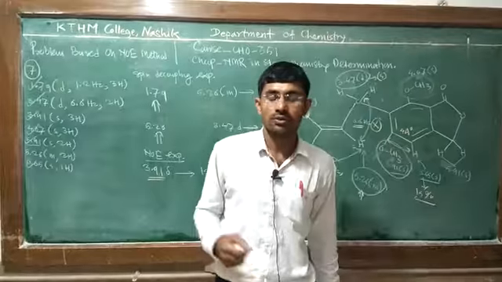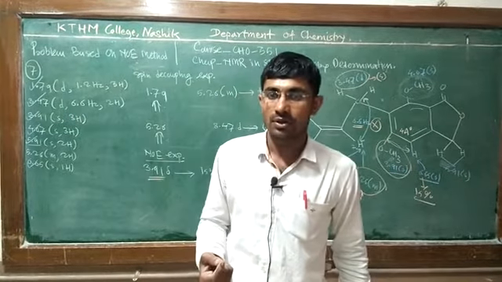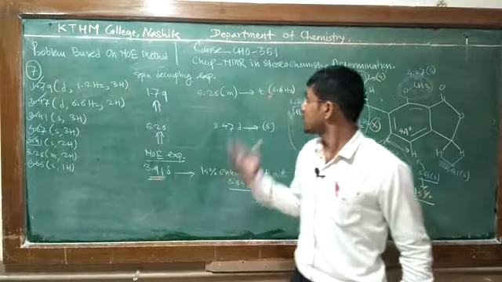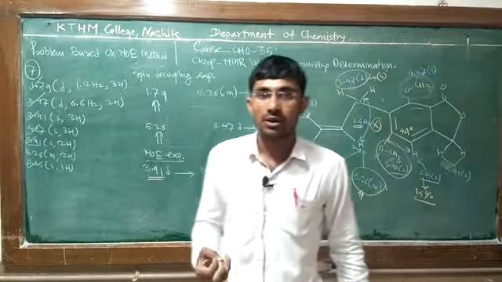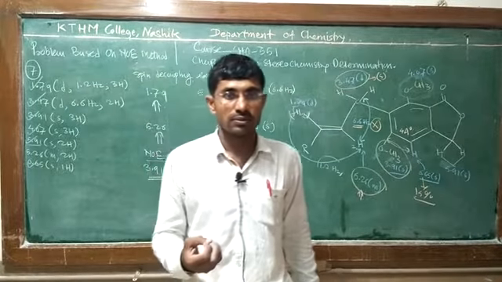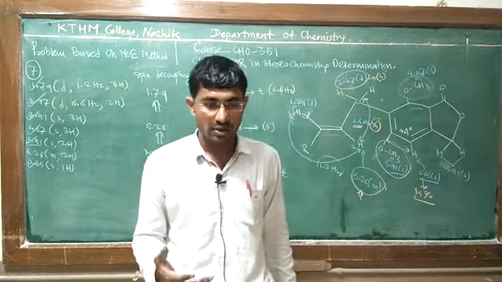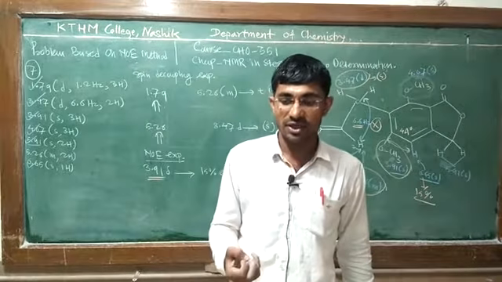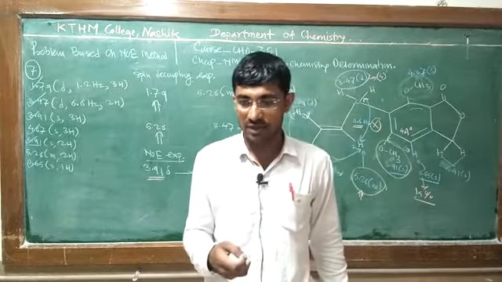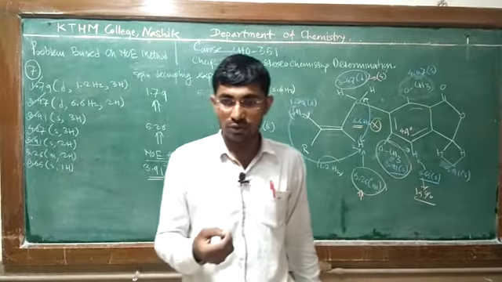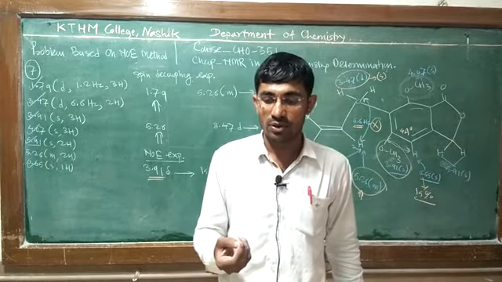In this lecture we will continue our discussion with the first chapter, NMR in stereochemical determination. From that chapter, structure determination based problems. In MSc first class we already learned that the NMR technique is useful to deduce the structure of a compound.